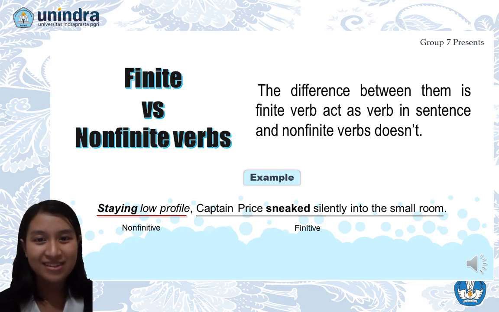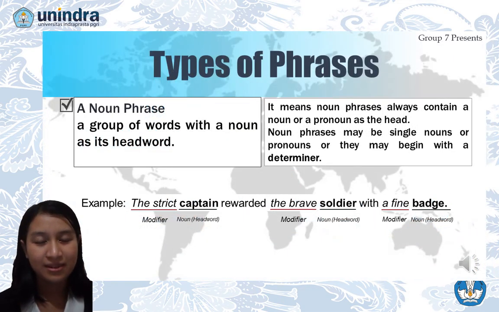Now we reach the types of phrases. 1. Noun phrase. What is a noun phrase? A noun phrase is a group of words that has a noun as its head word. It can be a noun, it can be a pronoun, depending on what the sentence is using.